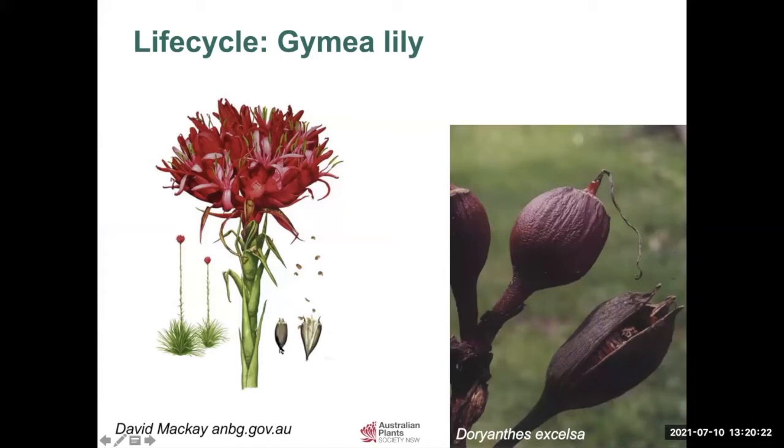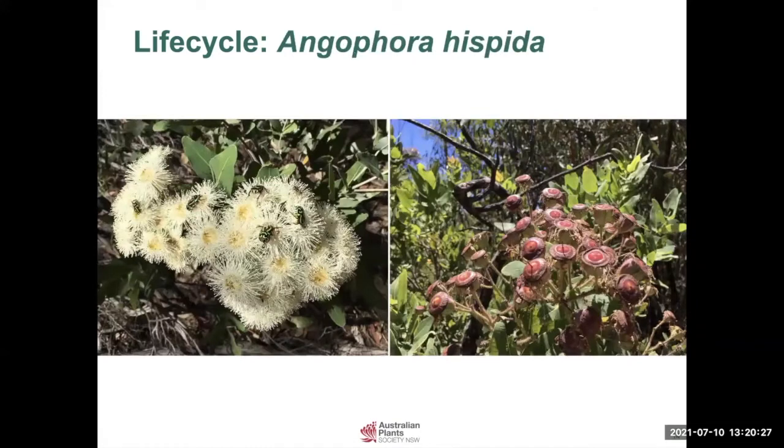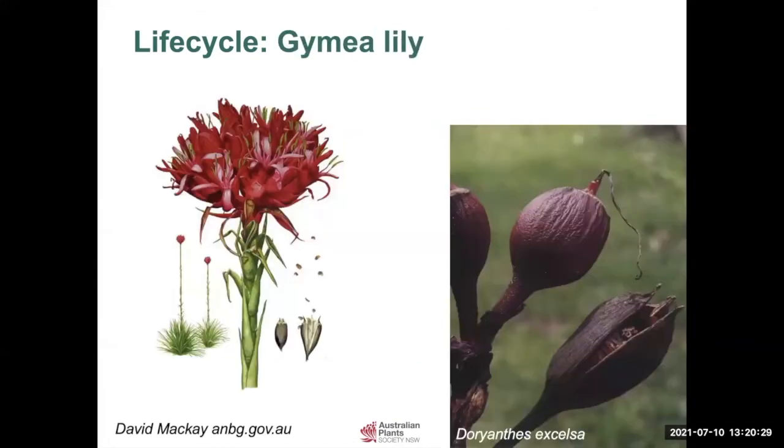You can see the different parts of the fruit and the tiny seeds. Then we've got a photo on the right from our CD, just showing parts of the fruit. But I think the Gymea lily is so dominated by the flower that you don't even stop to think about what the fruit and the seeds might look like, because it is just so tall.